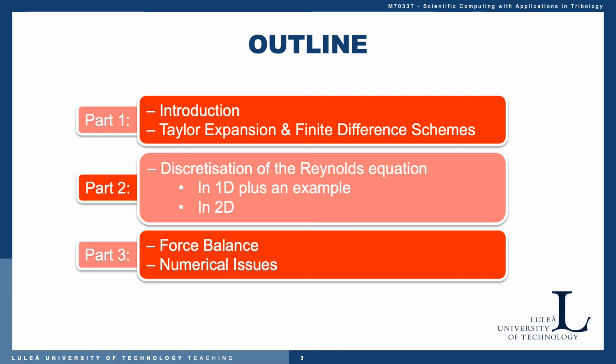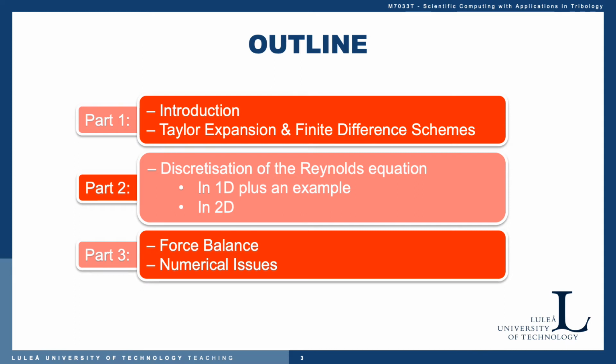The outline of the presentation looks like this. It starts with a very brief introduction and then a recap on the Taylor expansion and how to compose finite difference schemes from it. And then in the second part we're going to first discretize the Reynolds equation in 1D, and there will be an example of a very simple form of the Poisson equation.